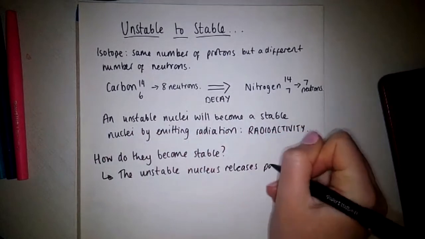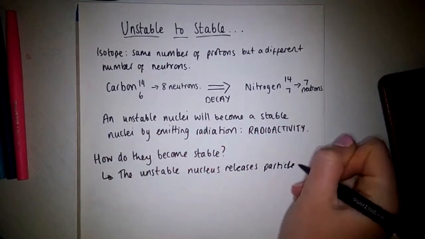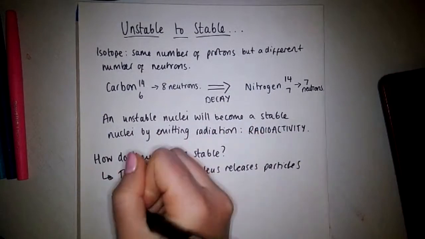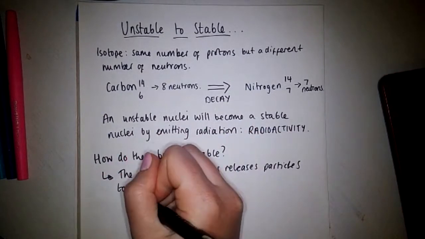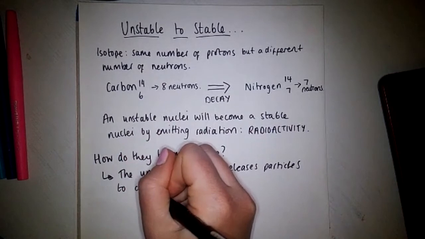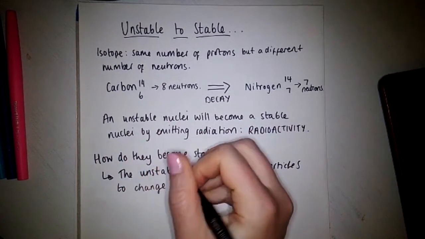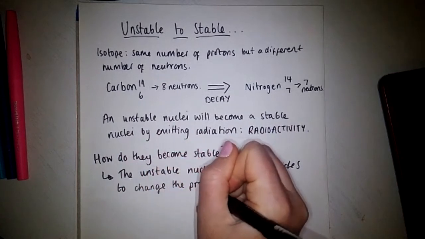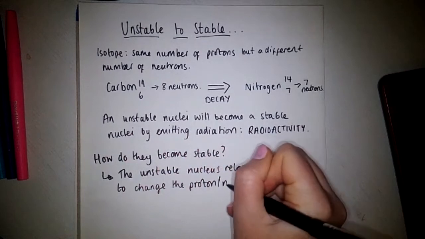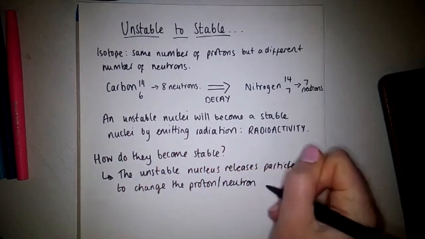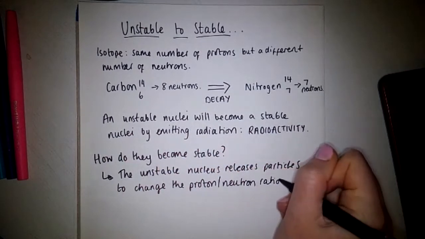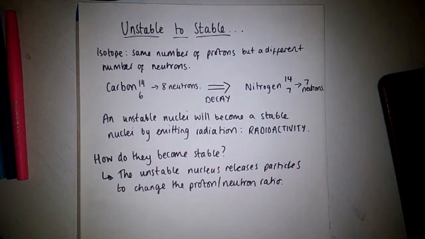The unstable nucleus releases particles to change the proton and neutron ratio.